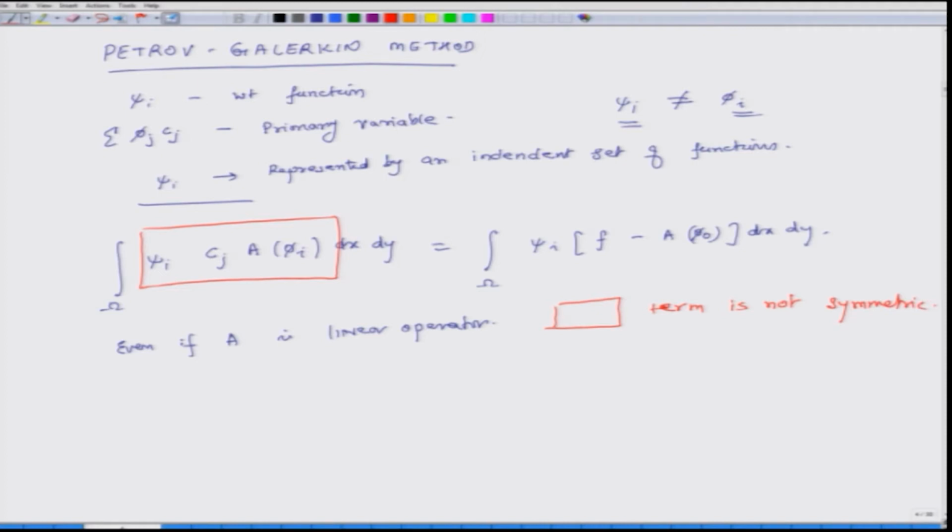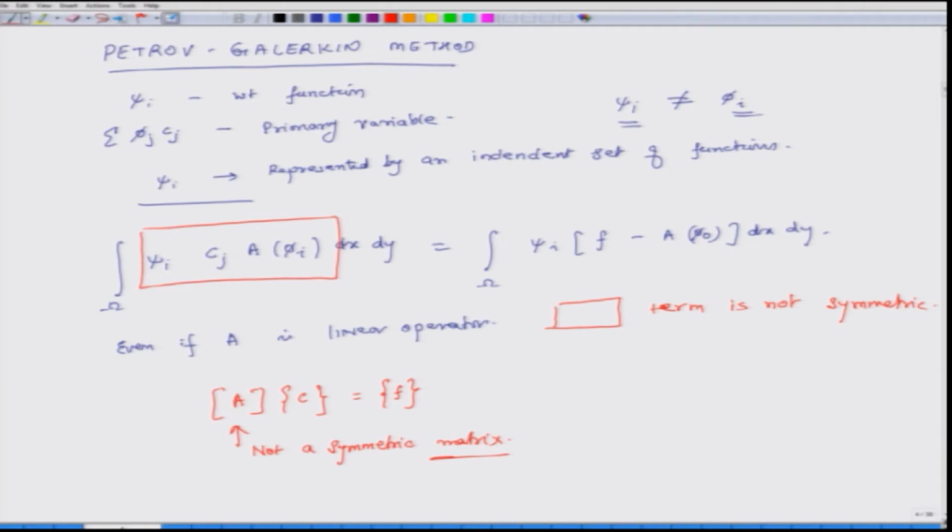So when I construct my matrix, I will get some A matrix times the unknown constants C equal to some forcing vector F. This will not be a symmetric matrix. So in the Petrov-Galerkin method, the A matrix need not necessarily be symmetric.